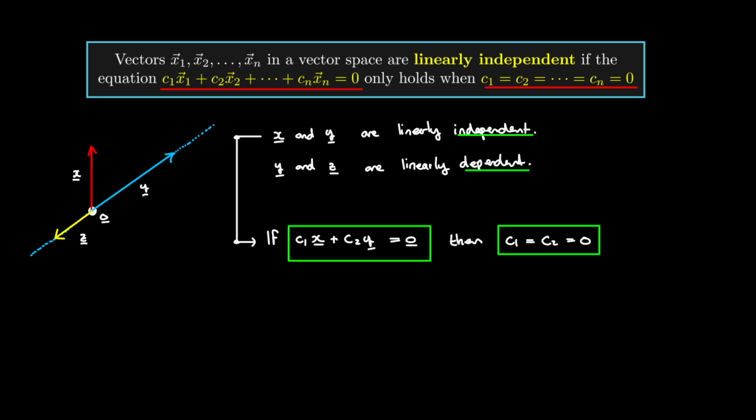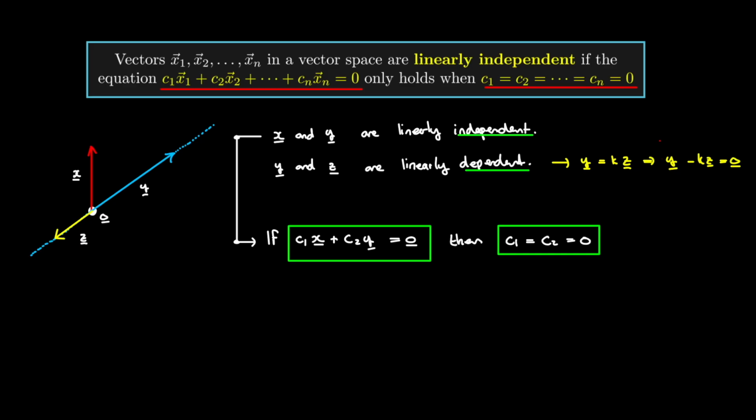So let's just see how that might work. Let's use yellow. If y and z lie on the same line, then y is equal to some number k times z. And that would just mean that y minus kz is equal to 0.